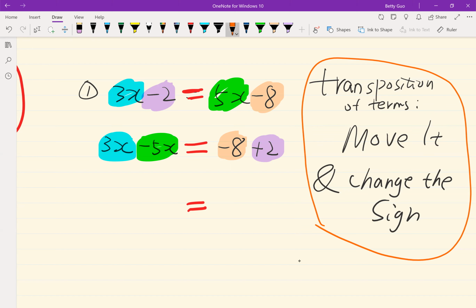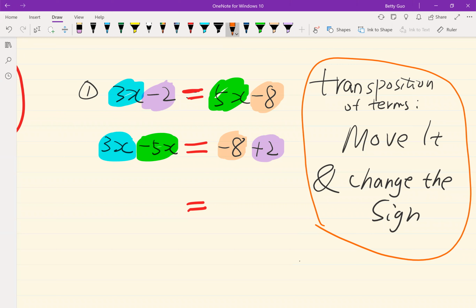Especially in this algebra, right? If every single time you see a plus you draw a line, and a minus you draw a line, that's very complicated. But in this algebra, because the equations are simple, it is still okay. But if you have a chance to go to higher level mathematics, that method looks too primal. Not very convenient, so you want to use my method. My method is very convenient.